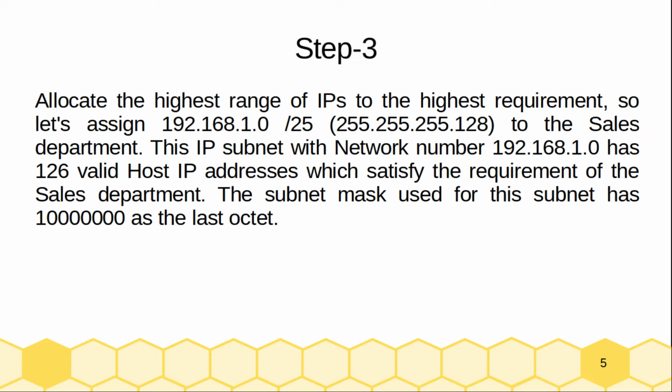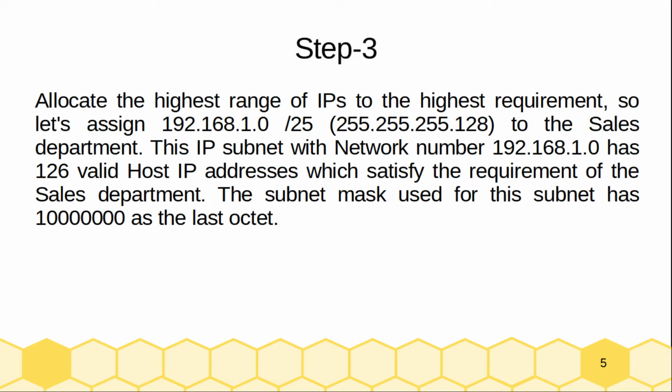So let's assign 192.168.1.0/25 with subnet mask 255.255.255.128 to the sales department. The IP subnet with network number 192.168.1.0 has 126 valid host IP addresses, which satisfies the requirement of the sales department.